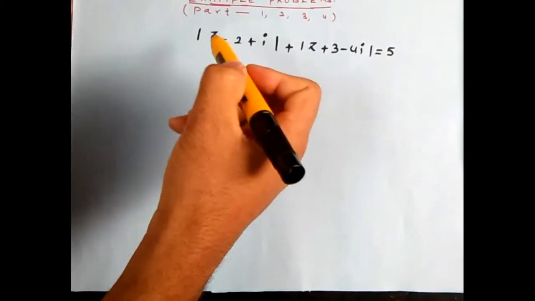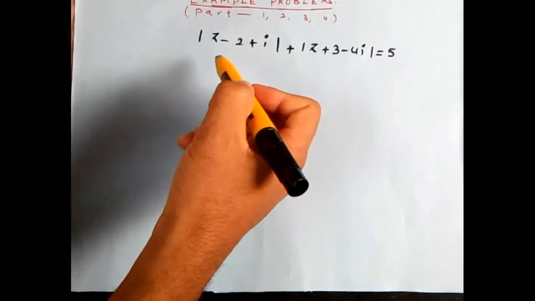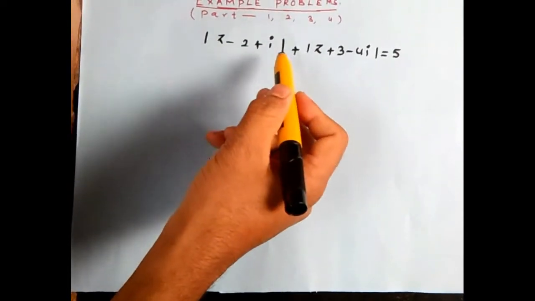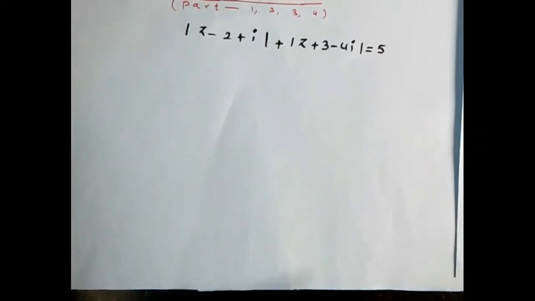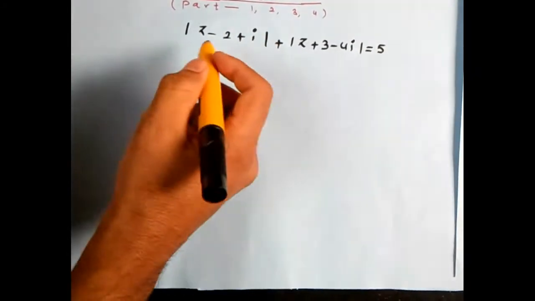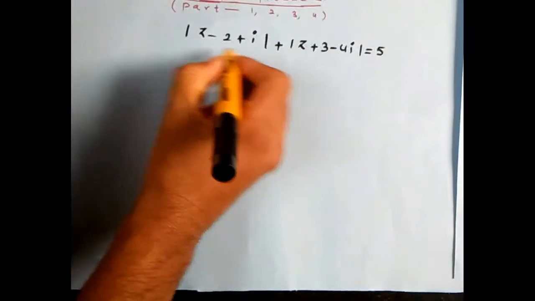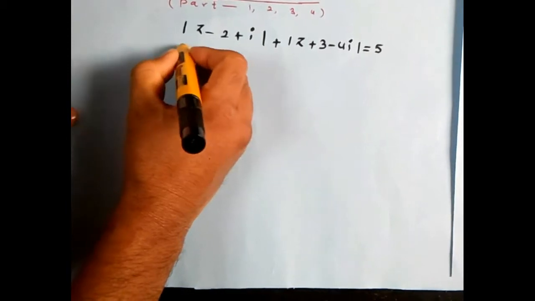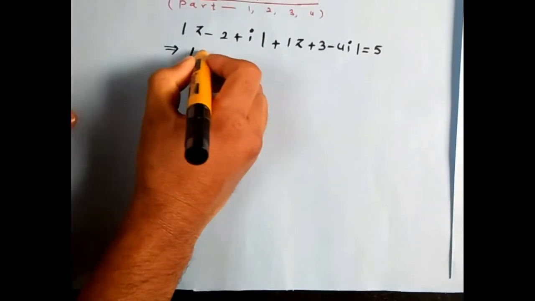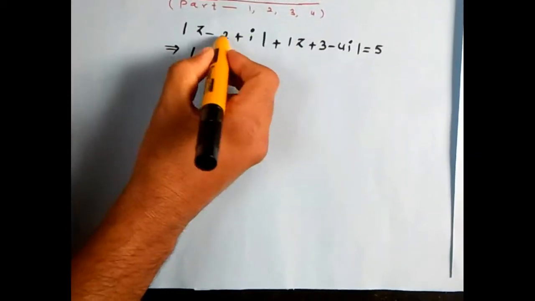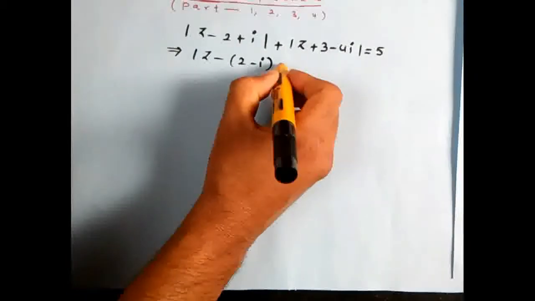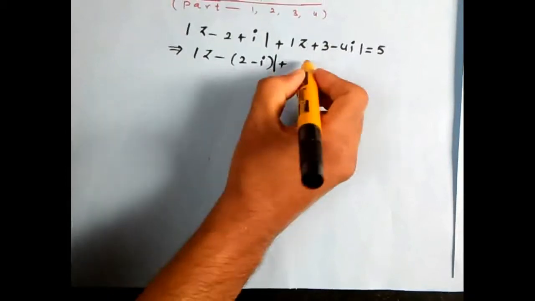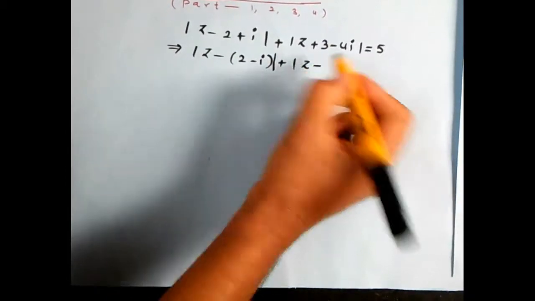So you can imagine that it is in the form of modulus of z minus z1 plus modulus of z minus z2. Now be careful, after z it should be minus. So what I will do, here modulus of z minus 2 plus i, I can write 2 minus i, plus modulus of z minus should be there.